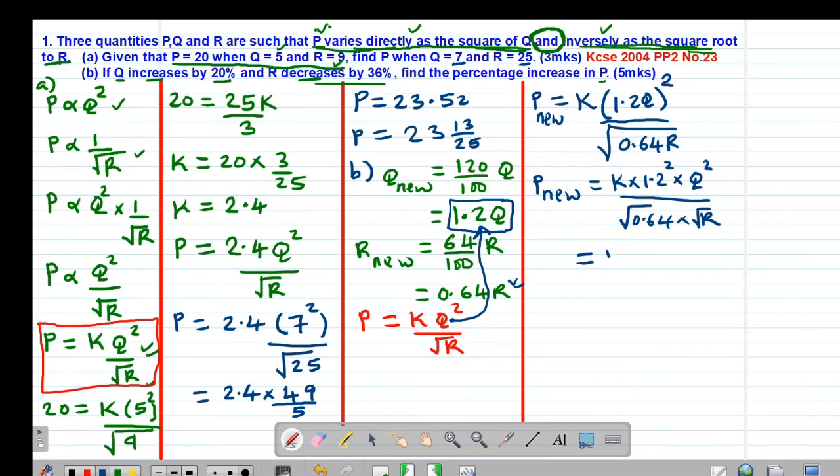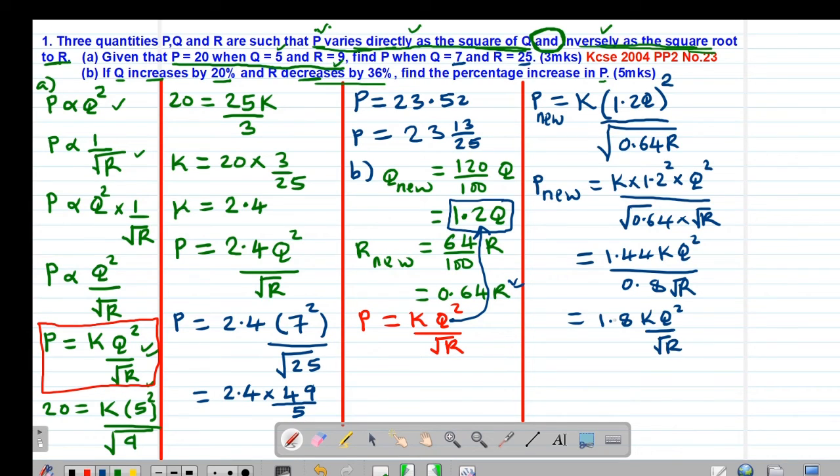So I'm going to have 1.44 KQ squared, divided by the square root of 0.64, which is 0.8, then the root of R. If I simplify, 1.44 divided by 0.8 gives me 1.8. So this will give me 1.8 KQ squared, divided by the root of R.